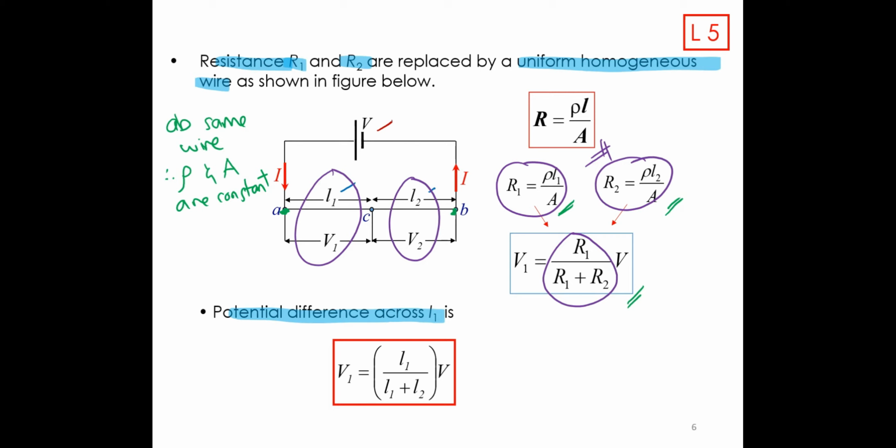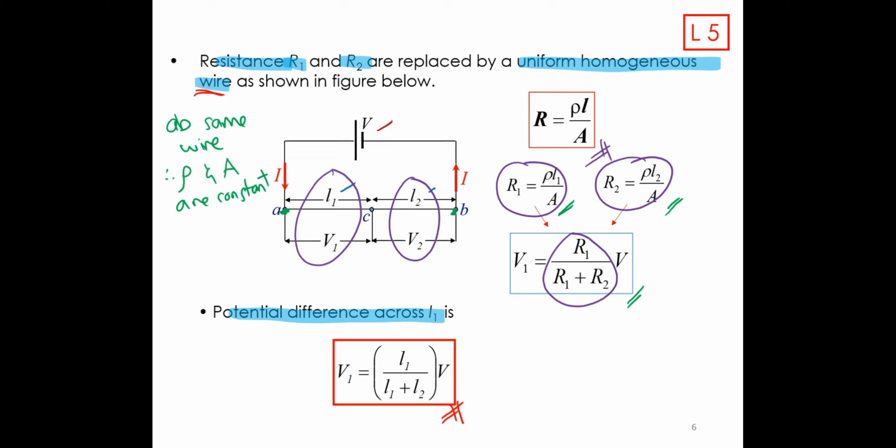So after you change your first equation with your R, rho L over A, you end up with this type of equation: V1, the V across L1, equals L1 over L1 plus L2 times V total.